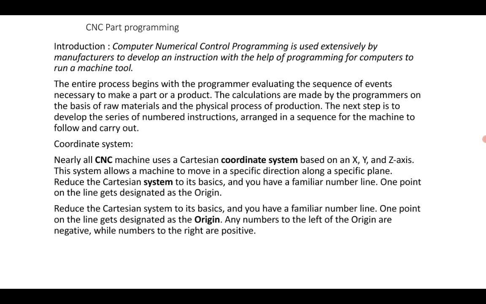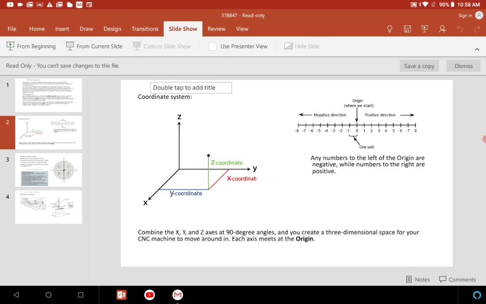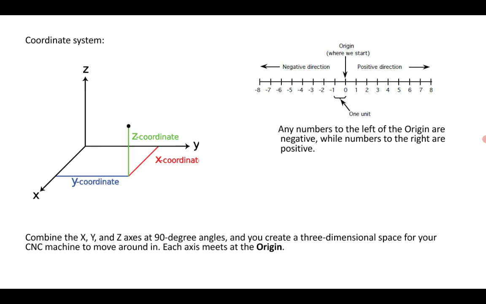Nearly all CNC machines use this coordinate system, which uses x, y, z axes, and it is also called the Cartesian coordinate system. Here, as for the coordinate system convention, you can take the three directions as mentioned, x, y and z.